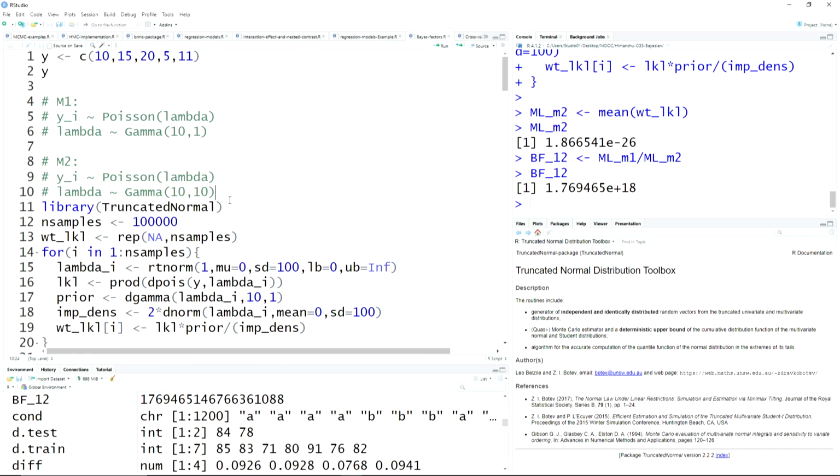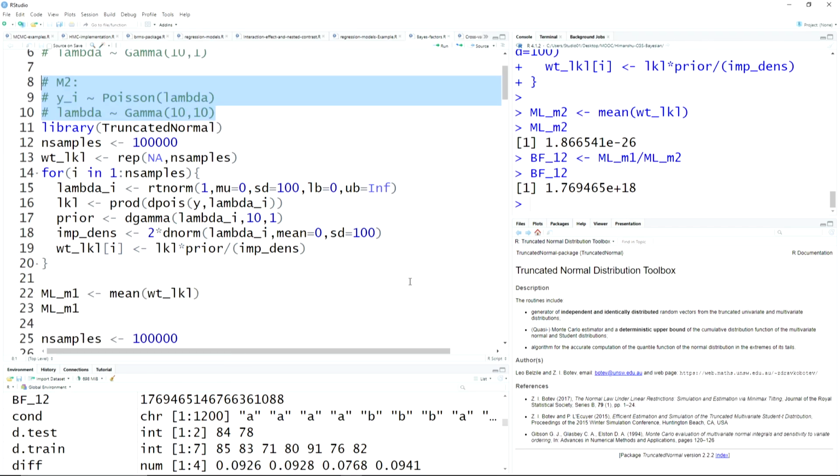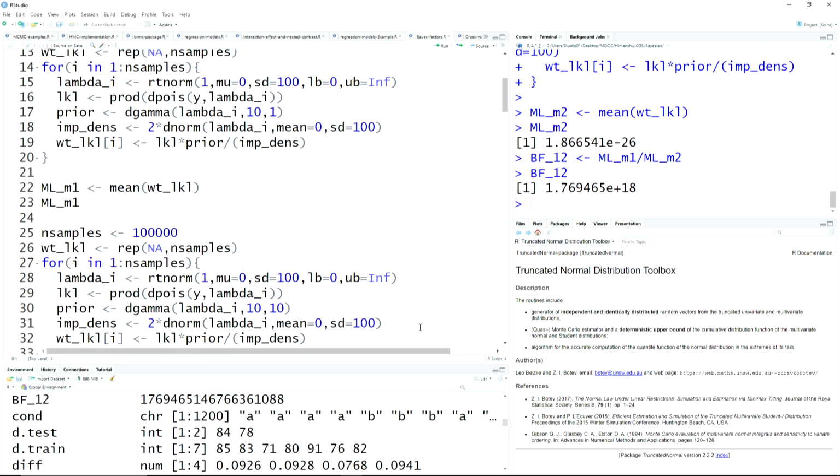So, this model is actually not a good model because it makes a strong prior assumption that the rate of road accidents is somewhere between 0 and 2. That is why this is not good. This is good because it allows the lambda values to be between, let us say, around 5 and 50 or so. This is too strict a prior, that is why it is not a good model, and that shows up in the Bayes factor.